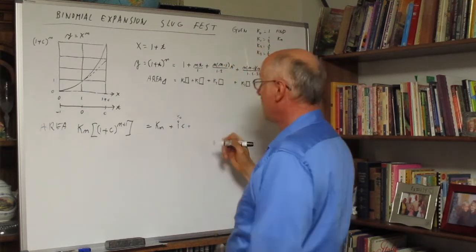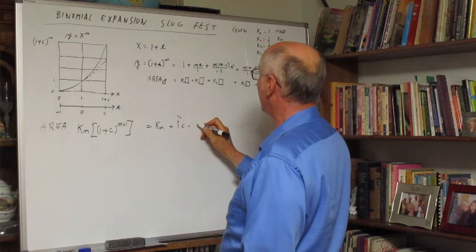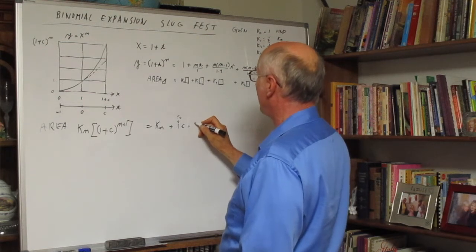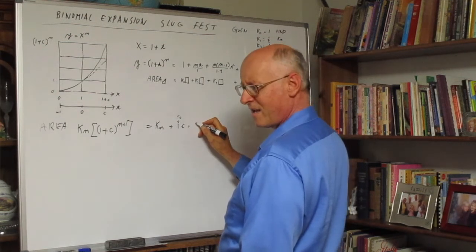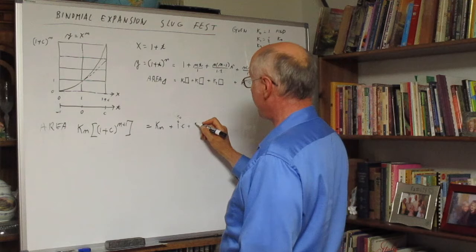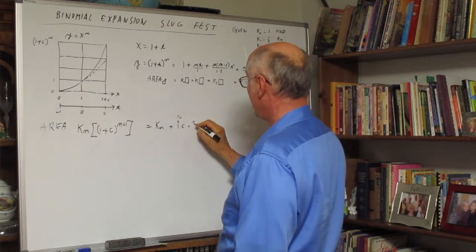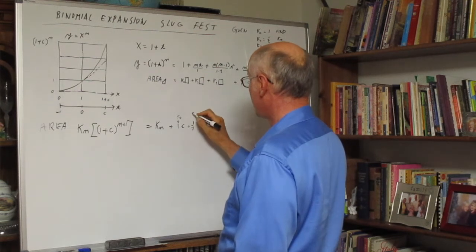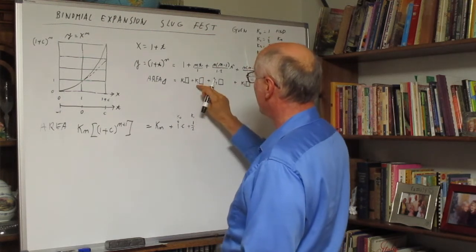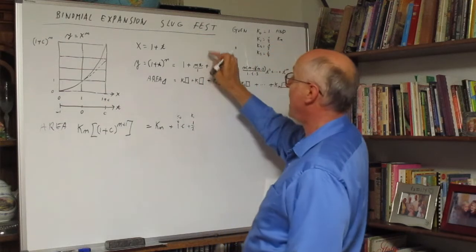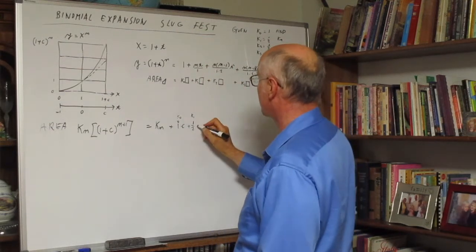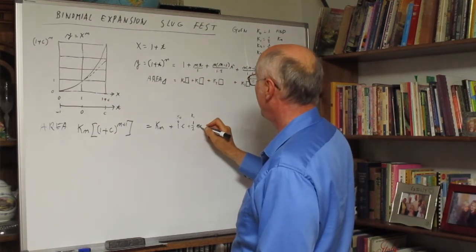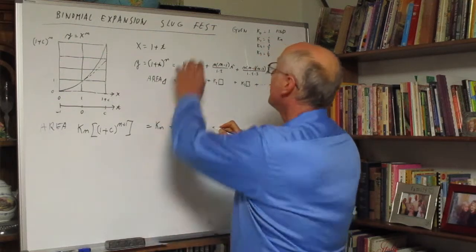Oh, well, we got 1/2, because that's our K1, times the box of this thing. Well, that's NC, that's its height.